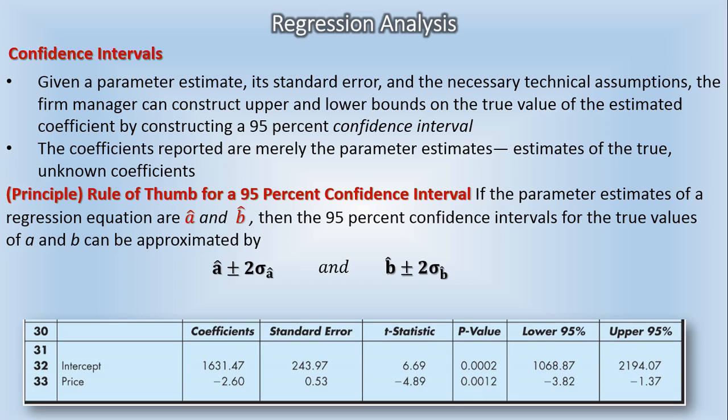So the actual impact that price has on quantity demanded in all television markets is likely going to fall with 95% confidence between negative 3.82 and negative 1.37.